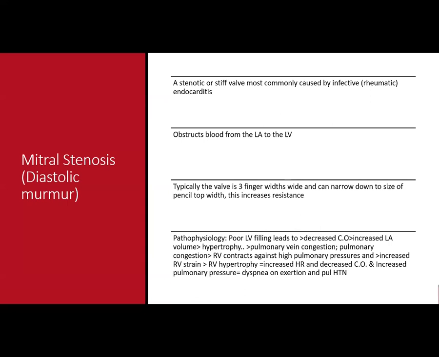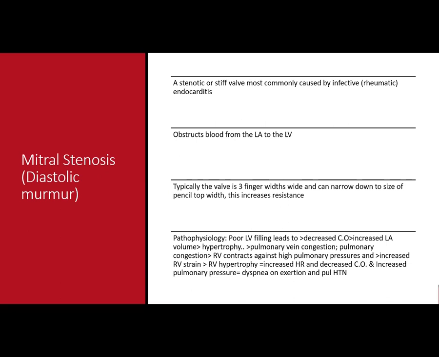and this increases resistance. So the pathophysiology for it is you'll have poor left ventricular filling, which leads to decreased cardiac output, which leads to increased left ventricular volume, which leads to hypertrophy, which leads to pulmonary vein congestion. Pulmonary congestion leads to right ventricular contractions against high pulmonary pressures and increased right ventricular strain.